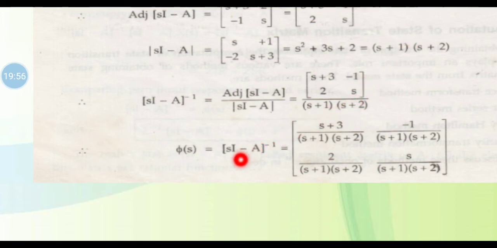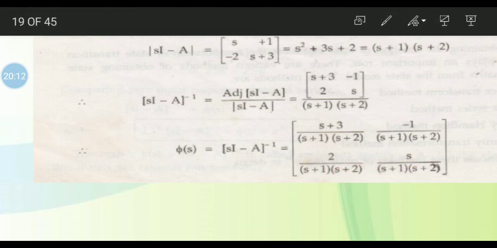Then phi of s is equal to (sI minus A) inverse, which is s plus 3 divided by (s plus 1)(s plus 2), minus 1 divided by (s plus 1)(s plus 2), 2 divided by (s plus 1)(s plus 2), s divided by (s plus 1)(s plus 2).